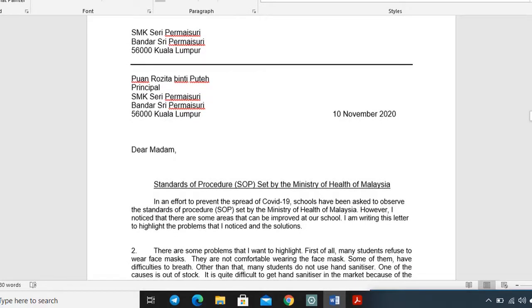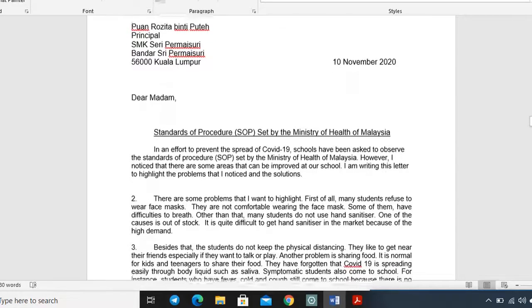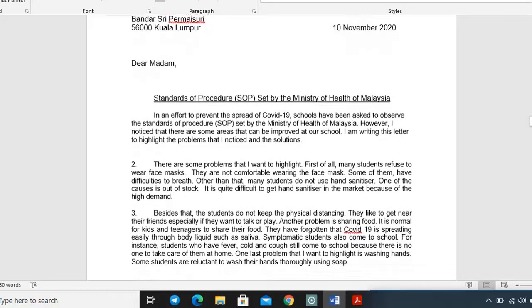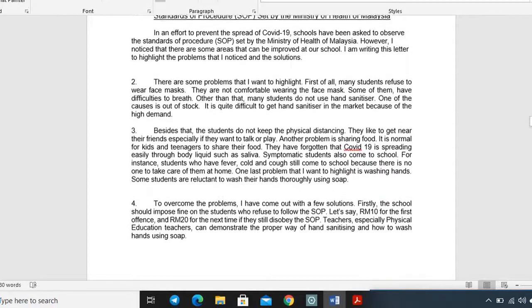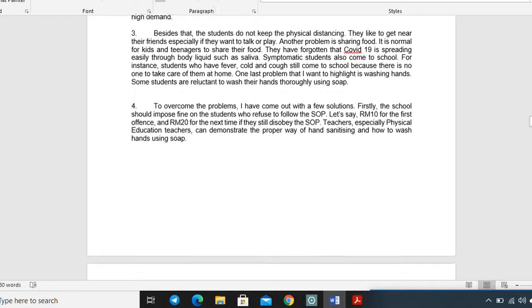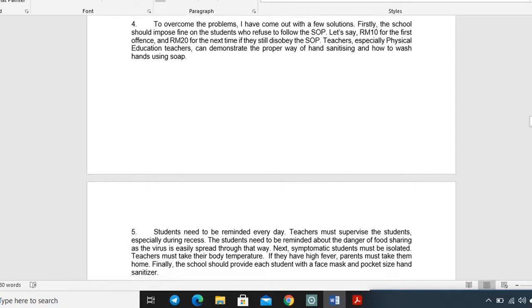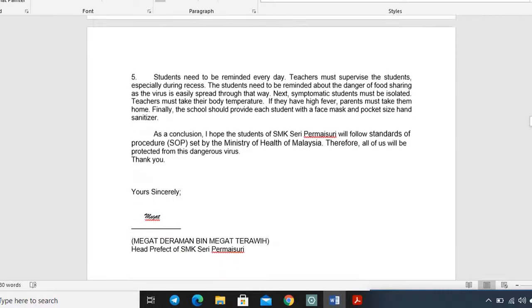Okay, so now you need to copy down all this in your composition exercise book. You know how to use the pause button, right? So I just show you again. The sentences, the paragraph, and how you end the letter.